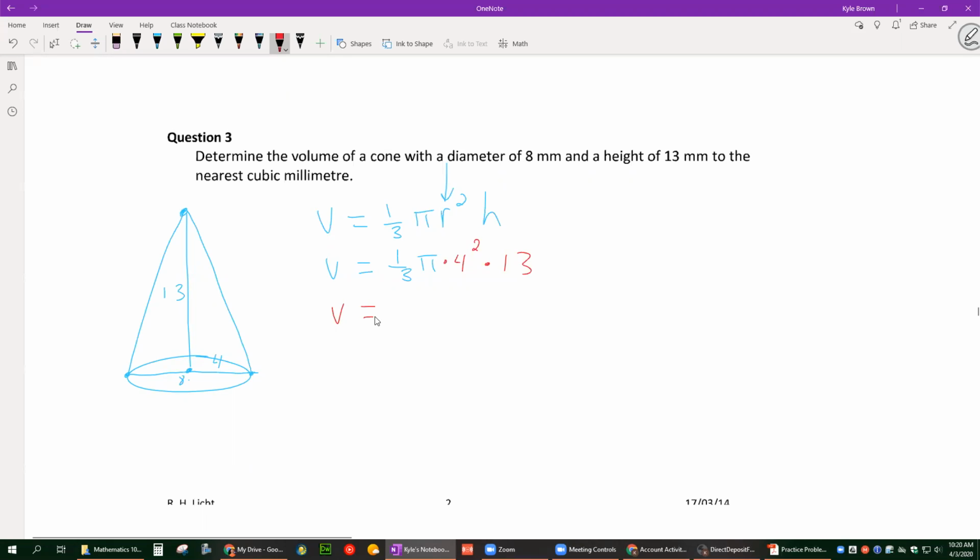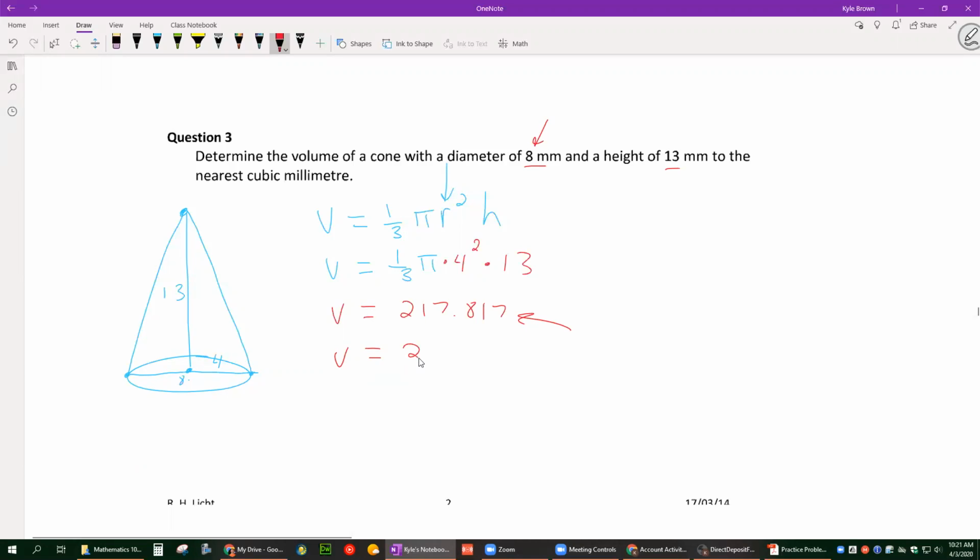And then this one is just plugging it all in. So I end up getting 217.817. We're not doing great with our sig digs, because technically this should only have 1 sig dig, but we'll just round it up.